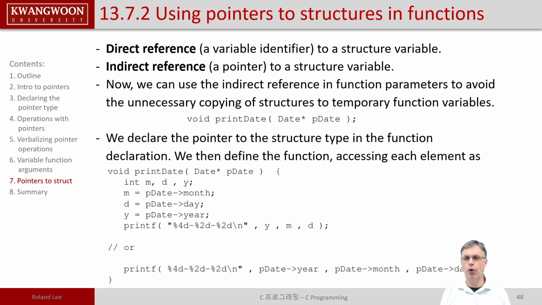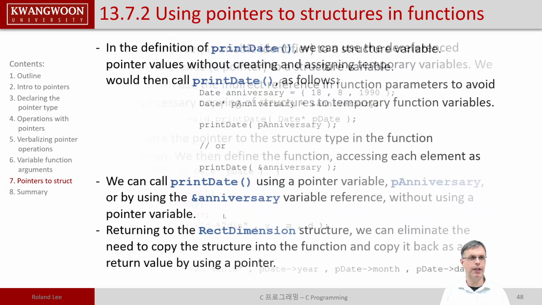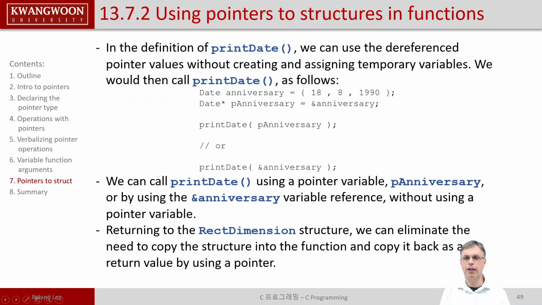We declare a pointer to the structure type in the function declaration, and then we define the function accessing each element as follows. So in the definition of print date, we can use the different dereferenced pointer values without creating and assigning temporary variables. We would then call print date as follows.